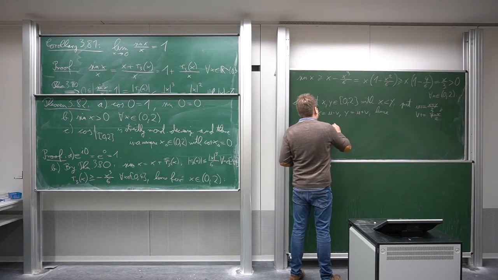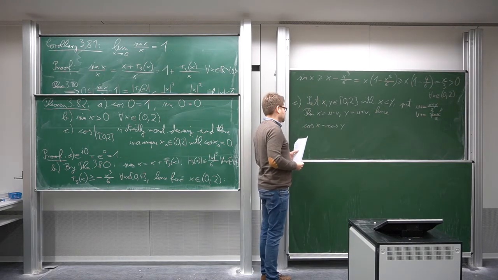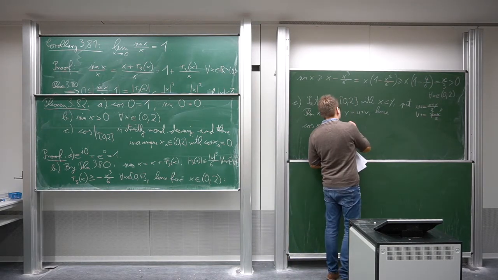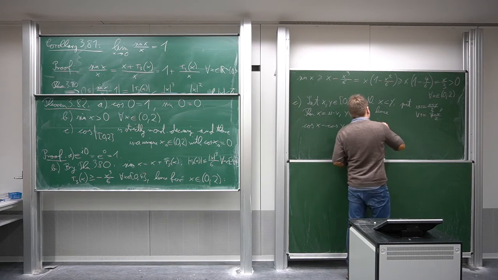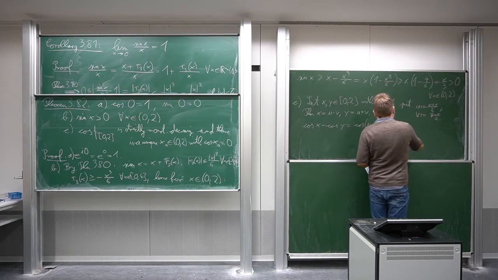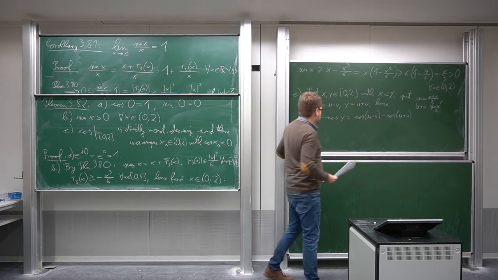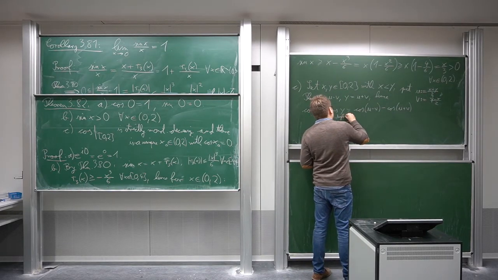If we take cos x minus cos y, to show that this is strictly monotonically decreasing, we need to show that this difference is a positive number. In terms of u and v, this is cos of u minus v minus cos of u plus v. Now, these are additions, so we can use the angle sum identity for cosine.